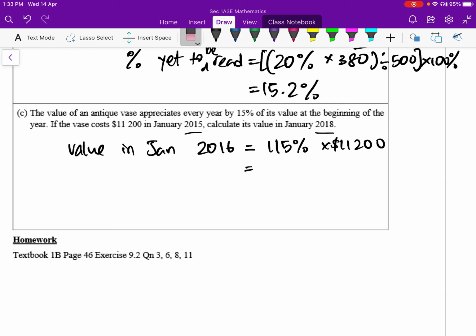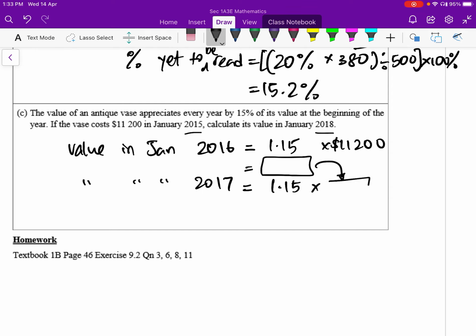So 115%, you can write it as 1.15. Right? And you can find the value. Now, value in Jan 2017 will now be 1.15 times this value. You get it?